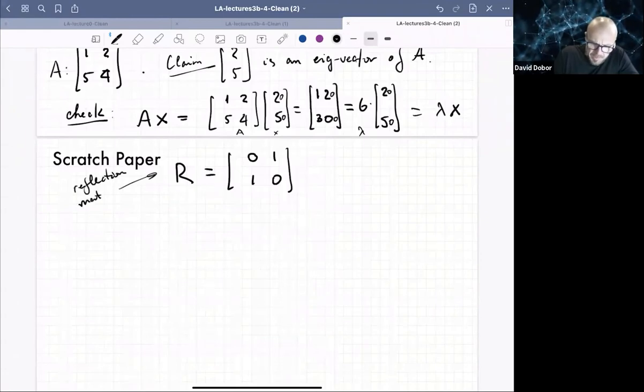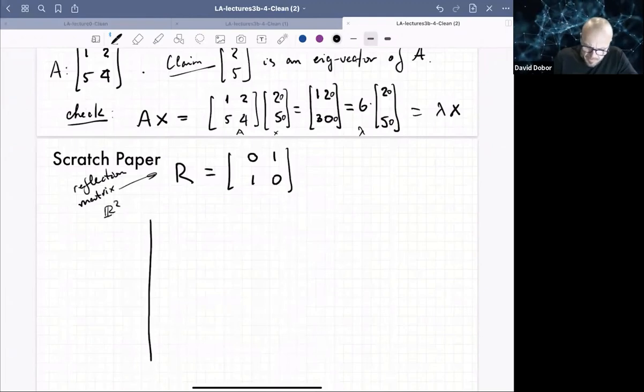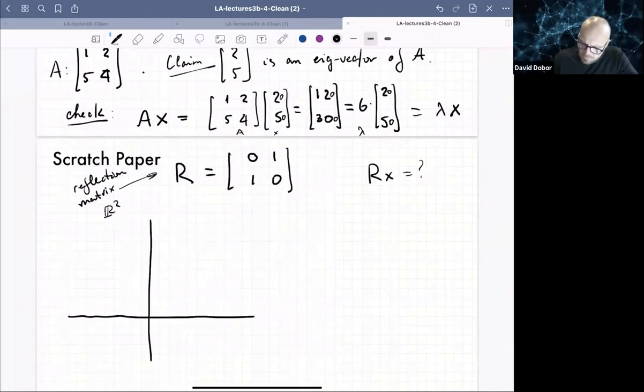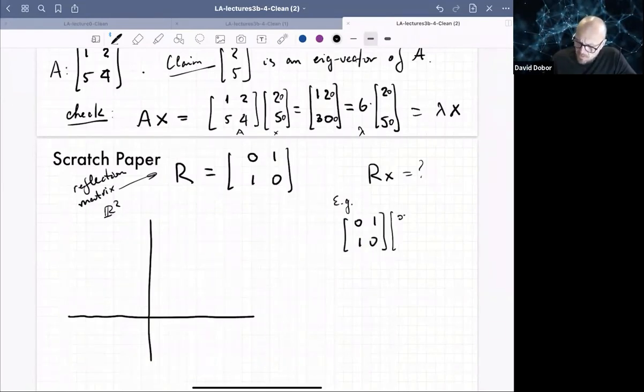Why is it called a reflection matrix? Well, it's a linear transformation, right? So let's think about what it does. Here's my R2 plane. Let's think what R does. Suppose I apply R, the vector that goes in is any vector like x1, x2. Let's take a concrete example.